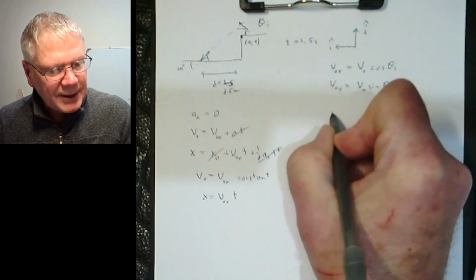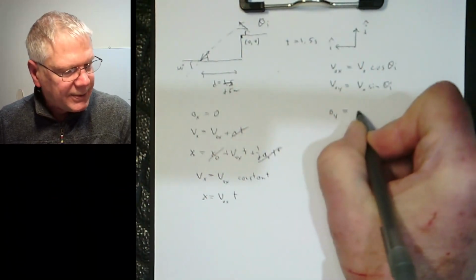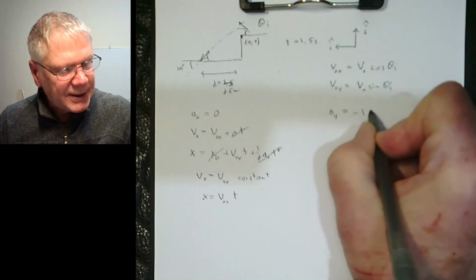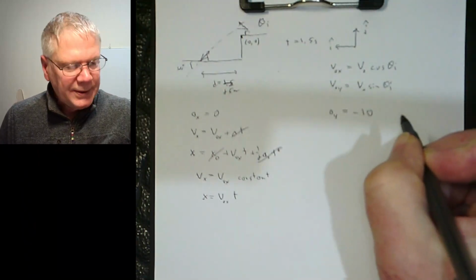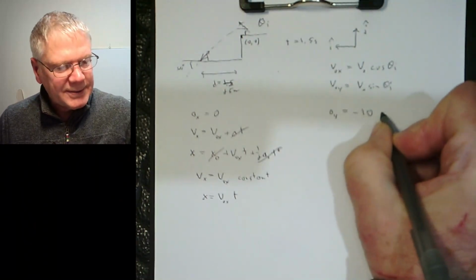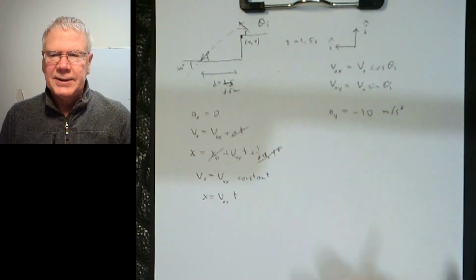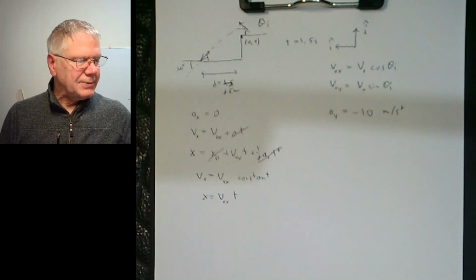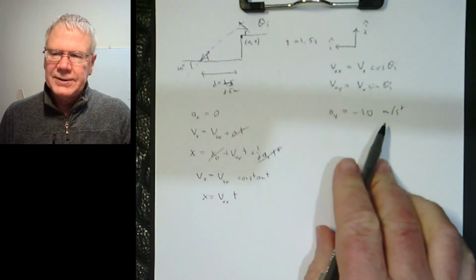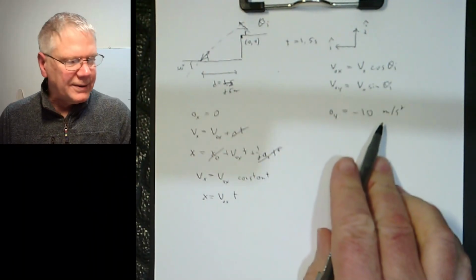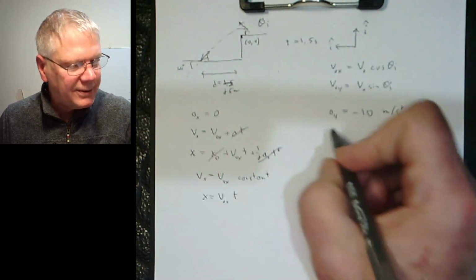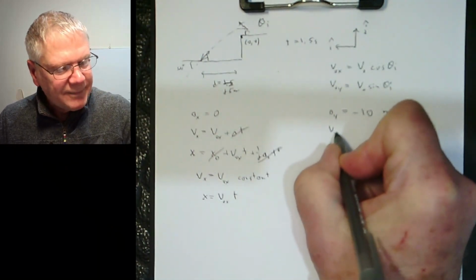Let's go over here. Ay is going to equal minus 10 again. I'm going to use 10. And I'm being sloppy, as we often are, with units. That's meters per second squared. Sometimes if you get confused, the units can help you sort things out. There shouldn't be any unit issues in this case.